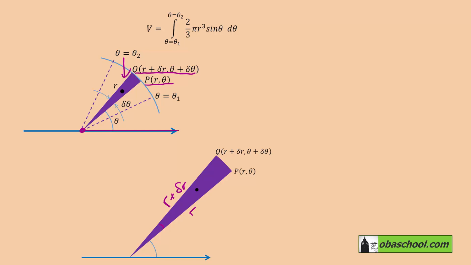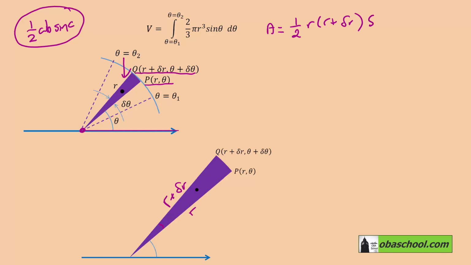The angle here is delta theta. So the area of that, using the formula half ab sine C for a triangle, is going to be a half r plus delta r and sine theta.